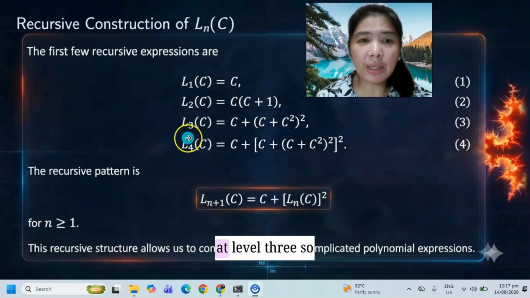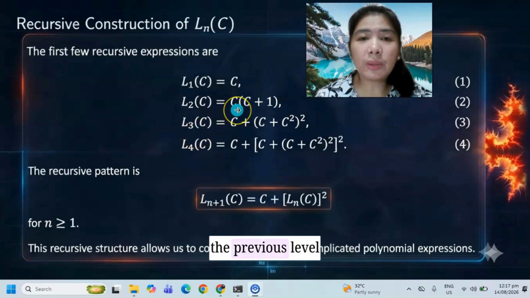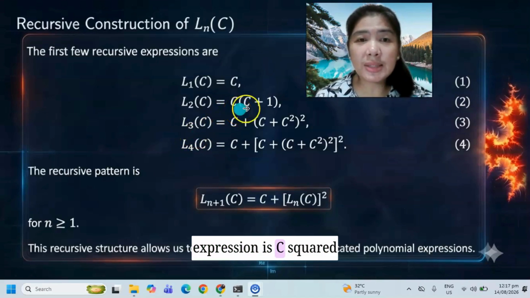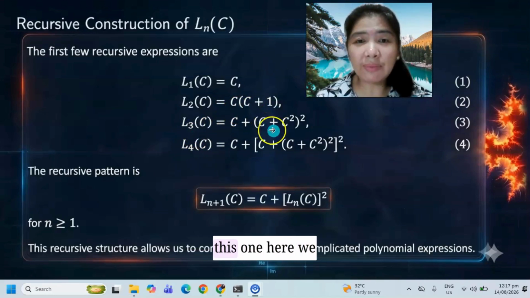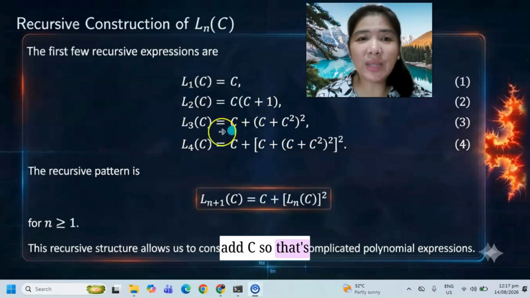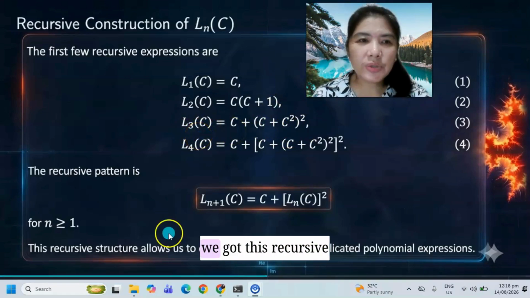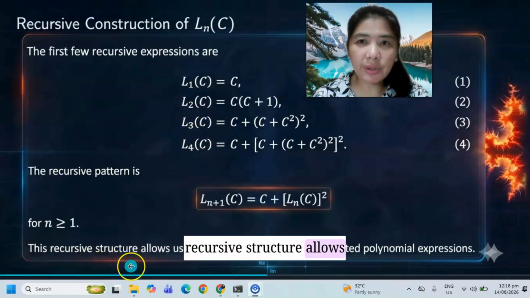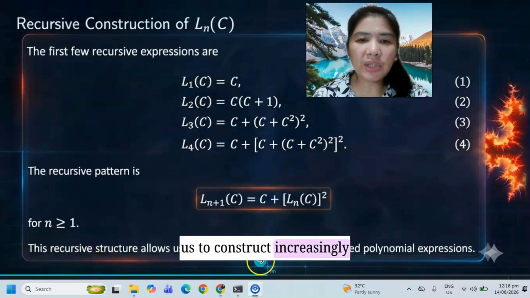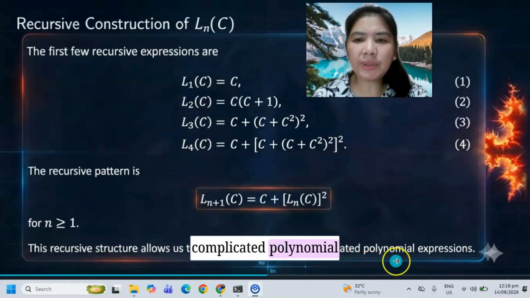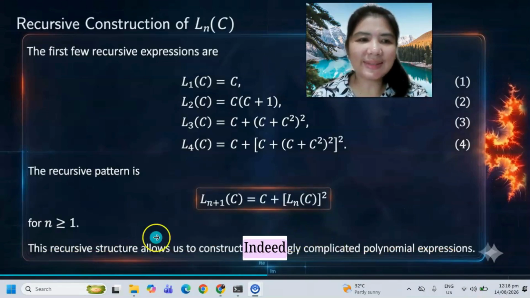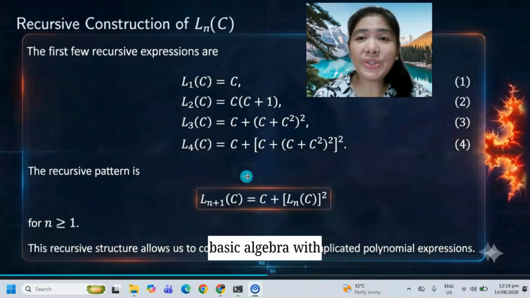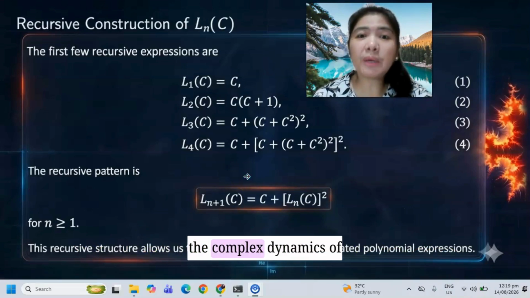Like for example here at level 3, the previous level expression is c squared plus c, so we have this one here. We square it and then we add c. So that's for level 3. So we got this recursive pattern here, and this recursive structure allows us to construct increasingly complicated polynomial expressions. Indeed, we are seamlessly bridging basic algebra with the complex dynamics of the Mandelbrot set.